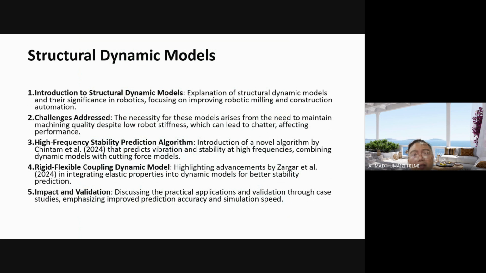The same goes for the robot. You can imagine the robotic arm has a thin cantilever. This thin cantilever has a tendency to vibrate, and when it vibrates, it will affect the quality of the cutting force, milling and operation, because the robotic arm does the milling process. To overcome this problem, there are two researchers, Chintam and Zaga.